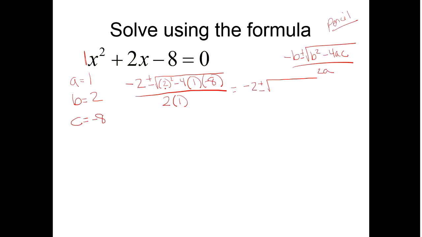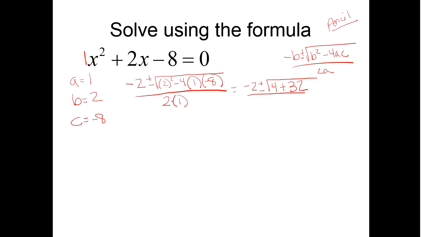Let's figure out what's underneath here. 2 squared is 4. And then I have negative 4 times 1 times negative 8, which is a positive 32. So it's actually going to be 4 plus 32 right there. Following me so far?